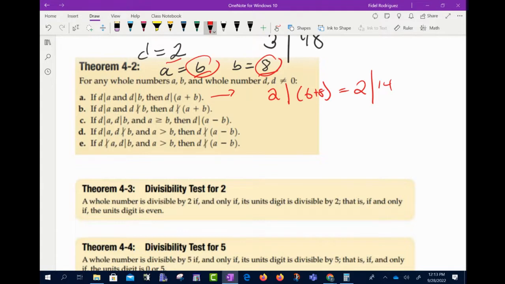That's all that part's telling me. Now, the second one says if D divides A, but it does not divide B. That's how I read this piece right here, y'all. That means it does not divide B.